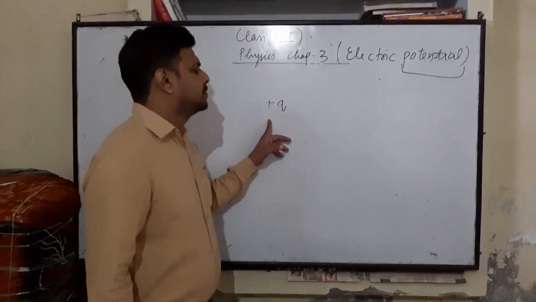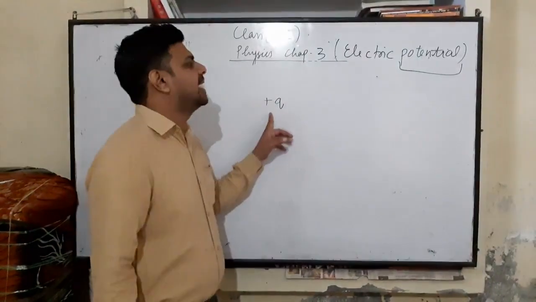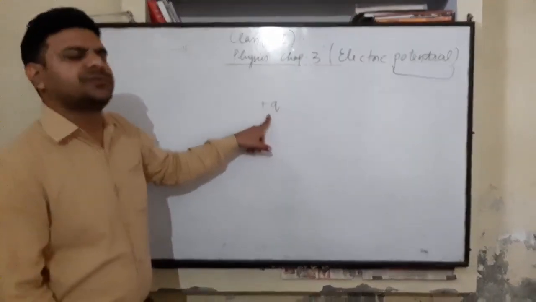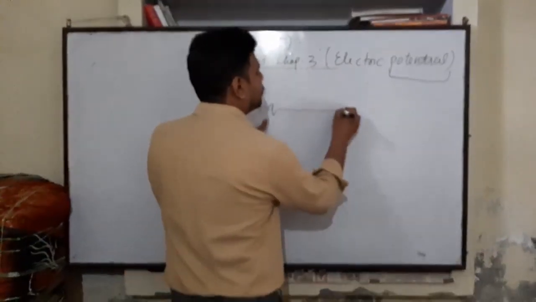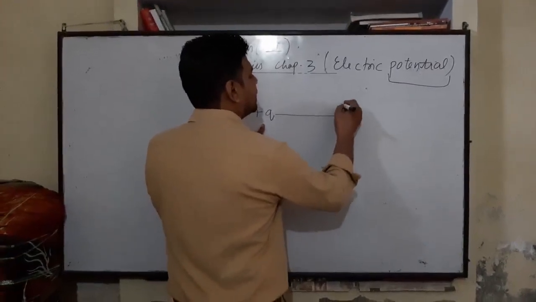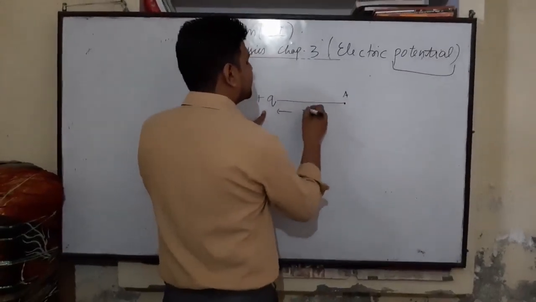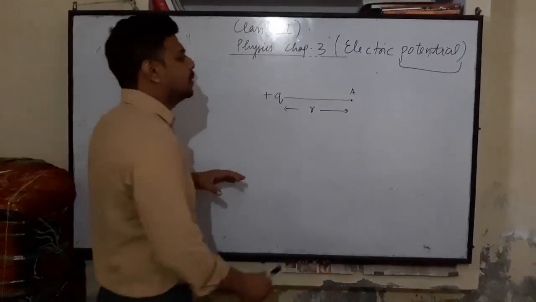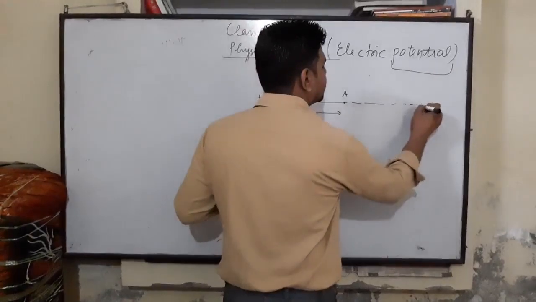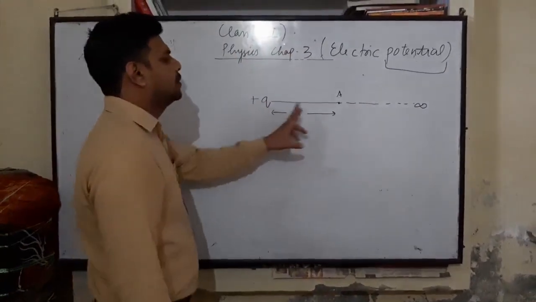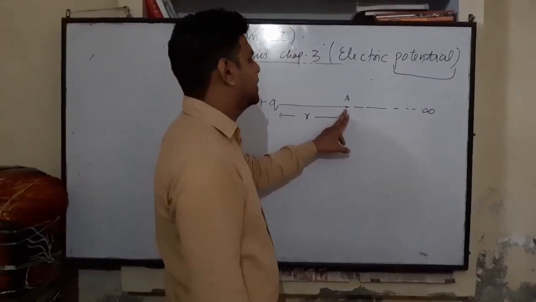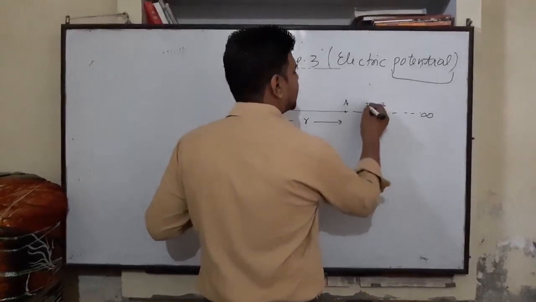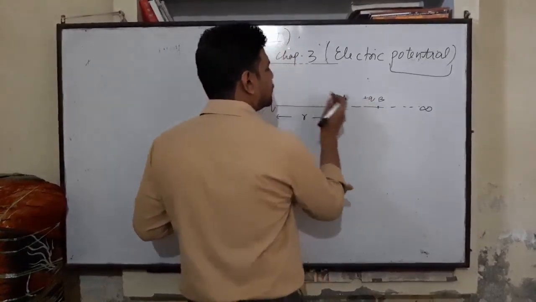We have to find the potential at a point due to this charge. Suppose we want to calculate the potential here at point A, which is at distance r from the charge. For calculating electric potential here, we bring a positive test charge from infinity to this point.